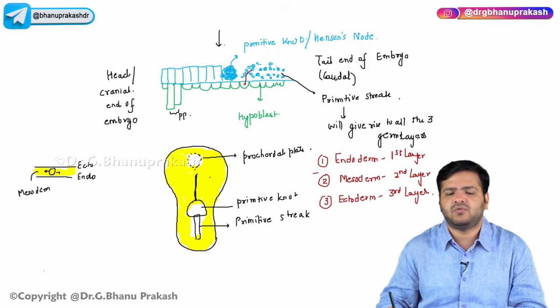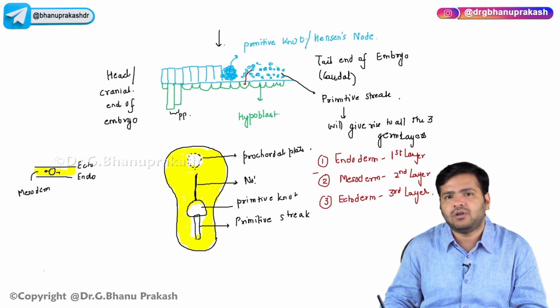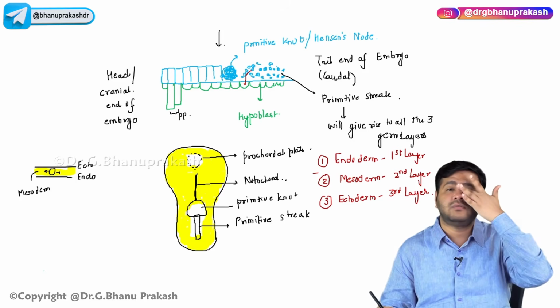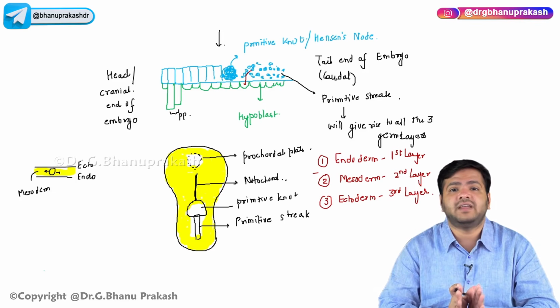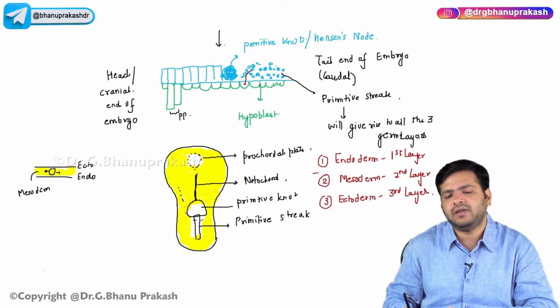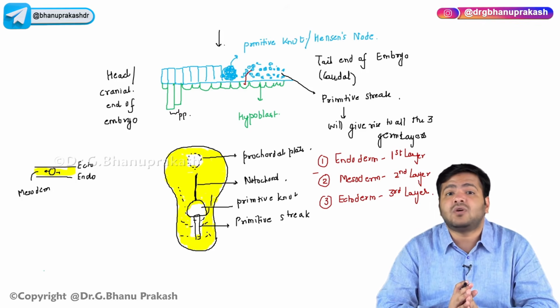It will try to approach, and this is called the notochord. Now the mesoderm is proliferating all over, right? So if I ask you, the notochord is actually formed from the primitive knot, right?